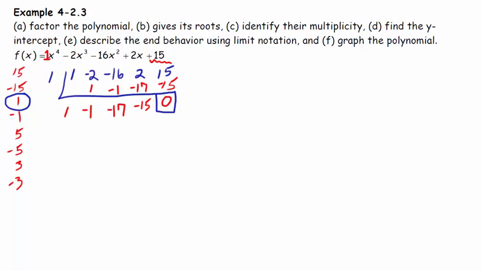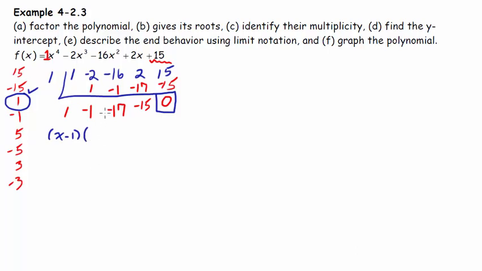Alright, so because I got a remainder of 0, we know that this 1 is a root. Now, 1 could be a root again, it could be a double root, or we could have some of these. So what we have so far, if my root is 1, my factor is going to be x minus 1.